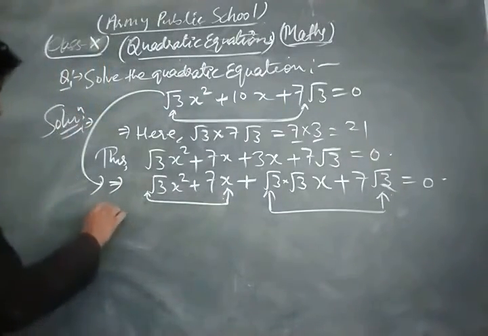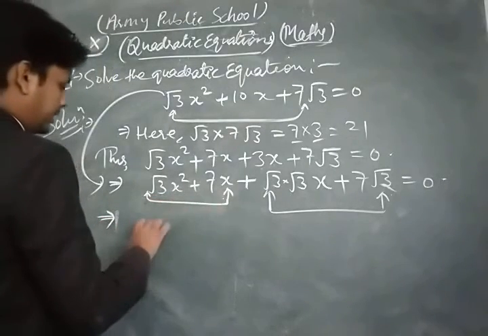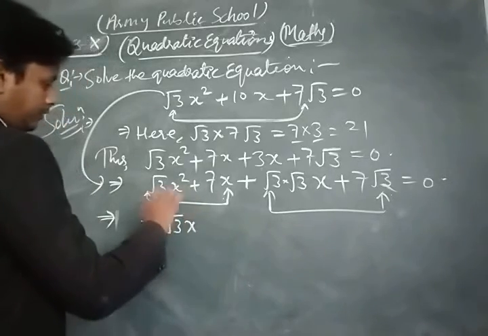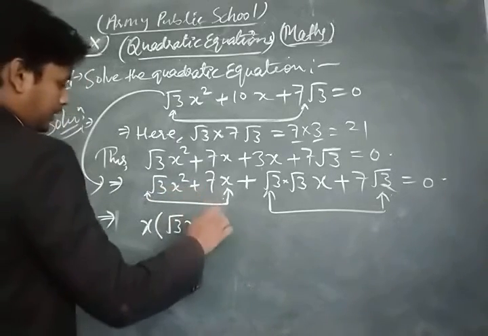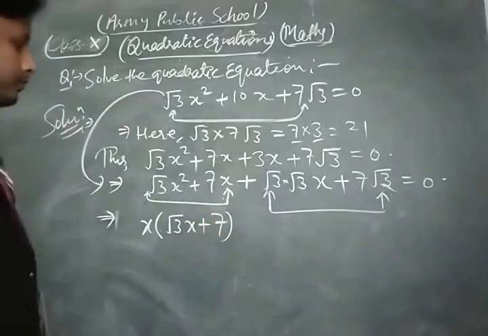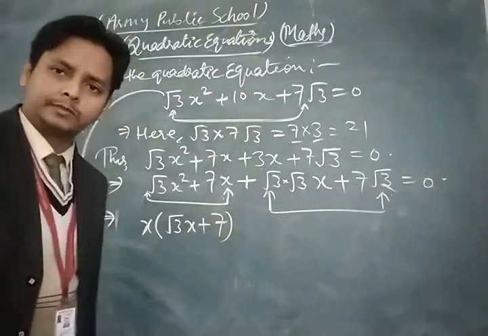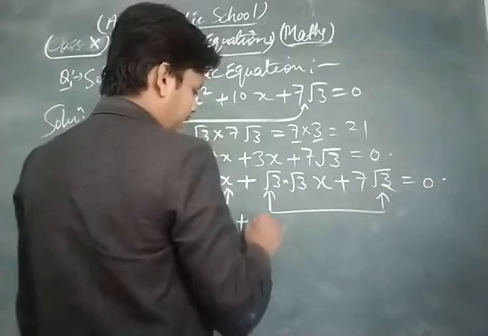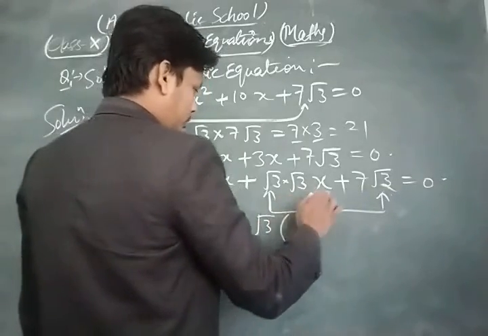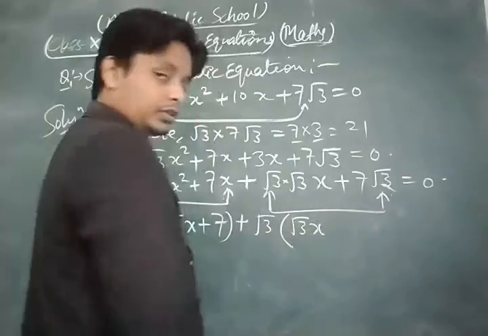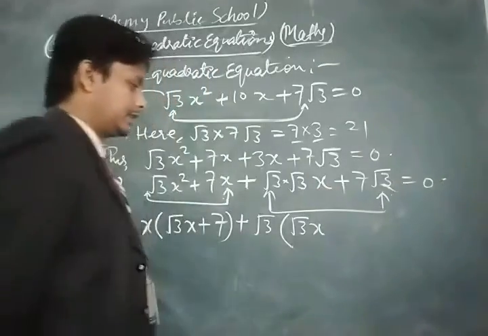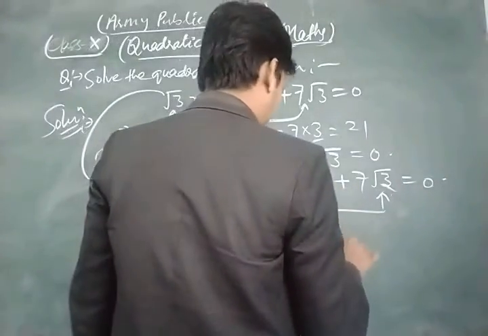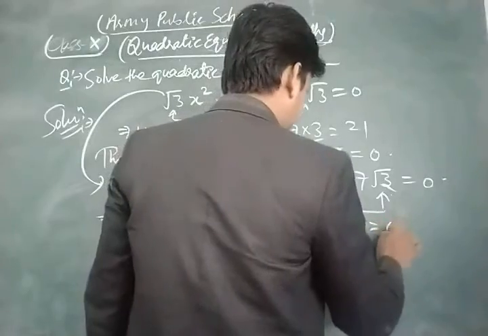So now look, x is common, so root 3 x is left in the first term plus 7 is left in the second term. Now from these two terms we take root 3 as common, so we get root 3 x left in the first term, plus 7 in the second term, equal to 0.